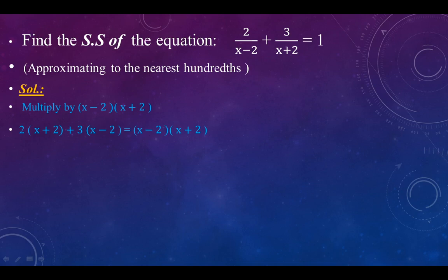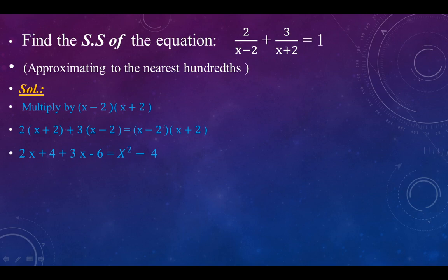This is the first and important step in this solution. Now we distribute 2 over the brackets and 3 over the brackets. 2 times x equals 2x, 2 times 2 equals 4. 3 times x equals 3x. 3 times negative 2 equals negative 6.